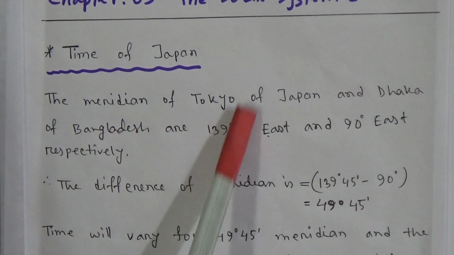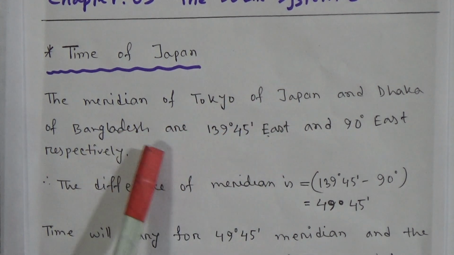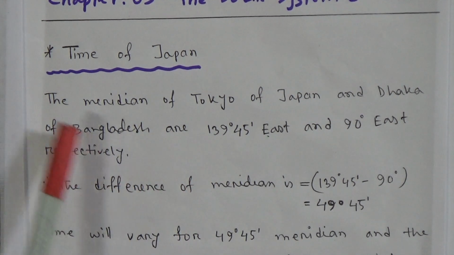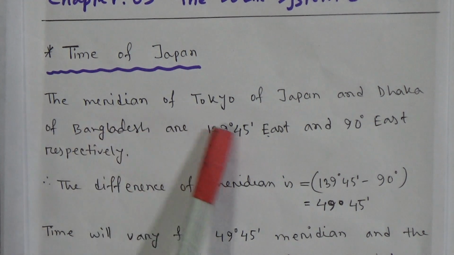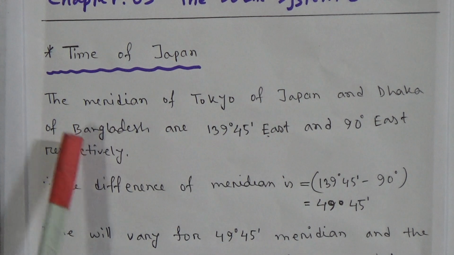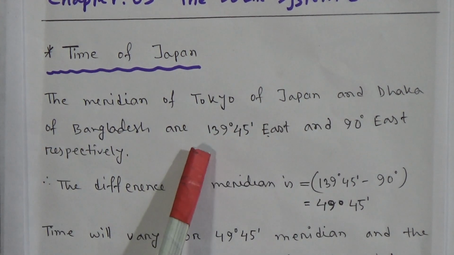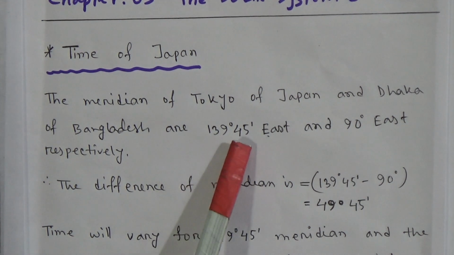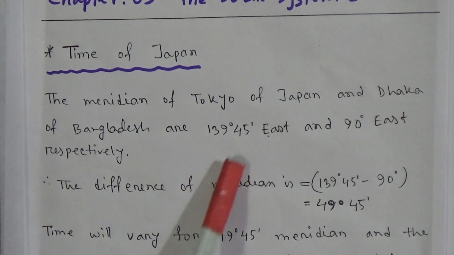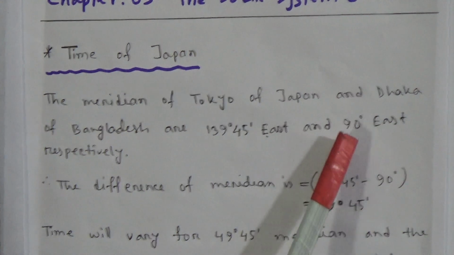If we find out the meridians of the capitals, we will get the meridians of Bangladesh and Japan. The meridian of Tokyo of Japan and Dhaka of Bangladesh are 139 degree 45 minute east and 90 degree east respectively. This is the meridian of Japan and this is the meridian of Dhaka.